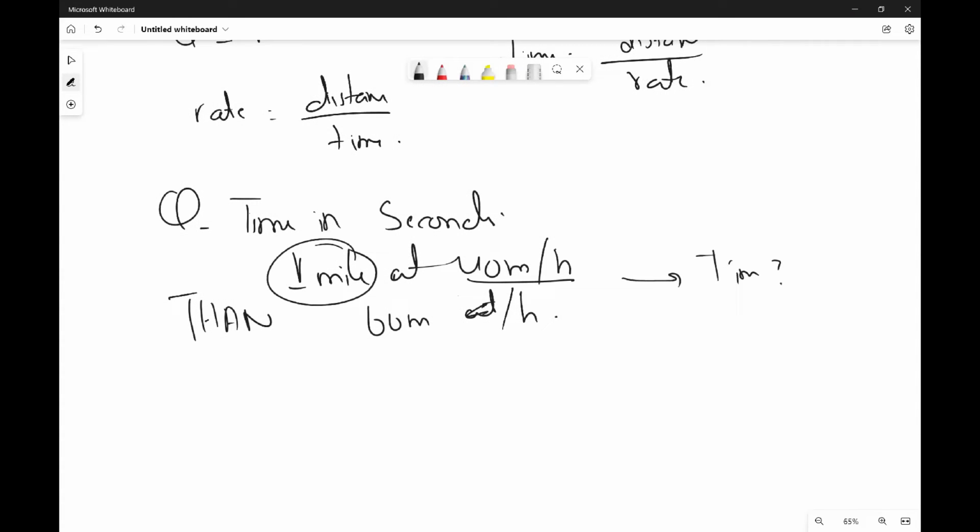Or if you drive 1 mile at 60 miles per hour, how much time would you require? And then find the difference. How much longer will you drive at 40 miles per hour?